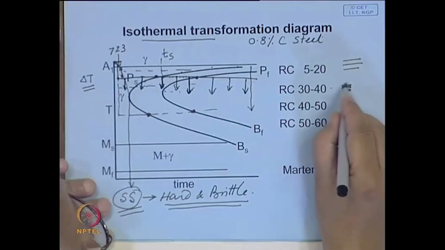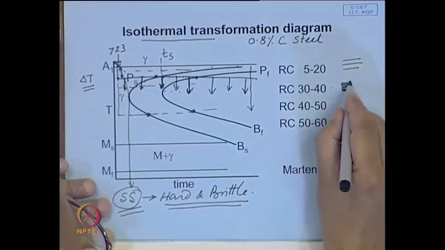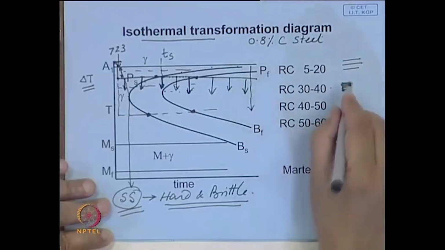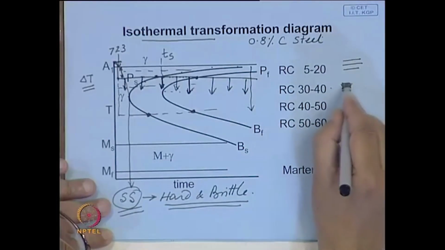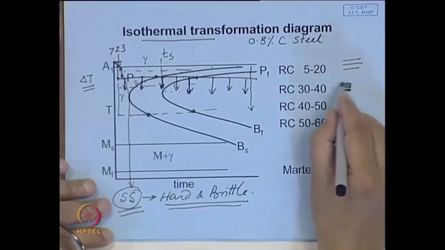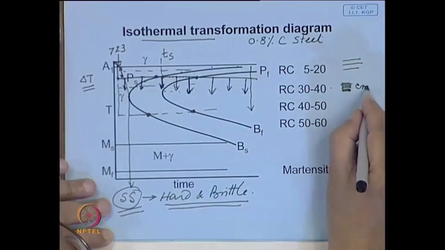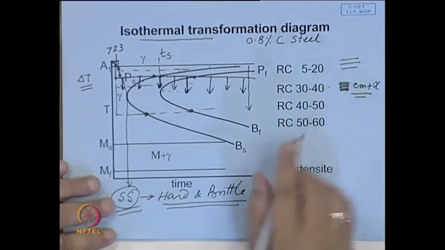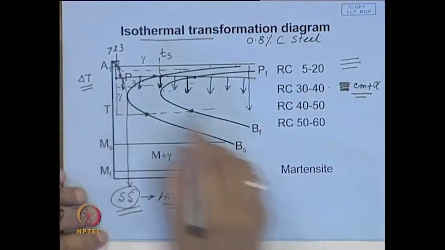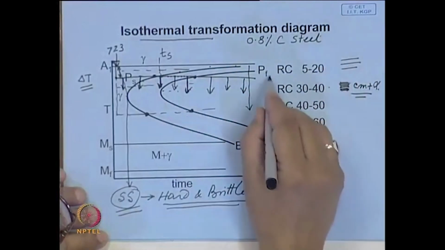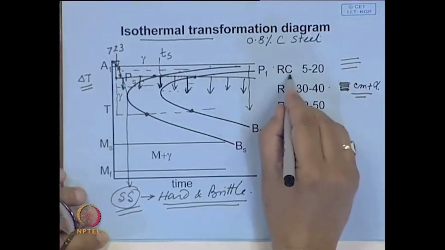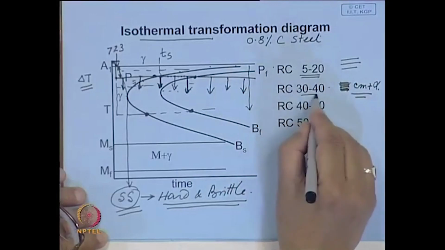Sometimes it may be so fine that it may appear as a dark patch in the microstructure, but at a high magnification they can be resolved, and you can see that they are also made up of alternate layers of cementite and ferrite. And as the structure becomes finer, its hardness increases. This is the hardness which is given in Rockwell C scale.